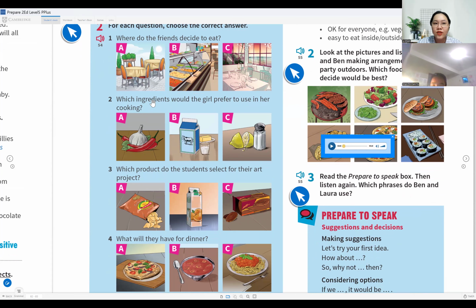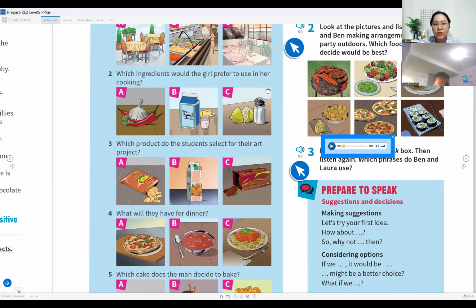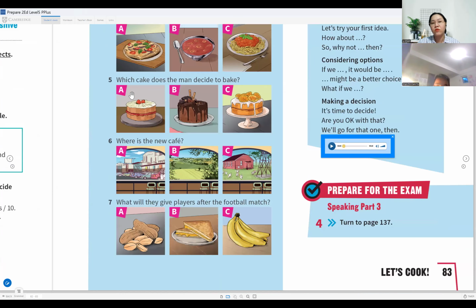Yeah, let's take a look. Ingredients the girl prefers to use in her cooking, which product do the students select for their art project, and what will they have for dinner? And then we have number five. Which cake does the man decide to bake?